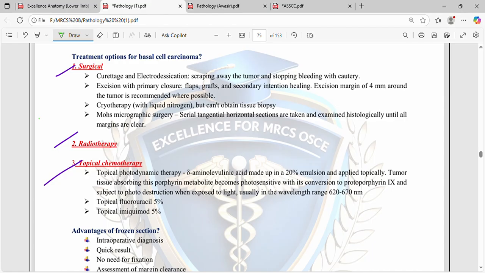Cryotherapy with liquid nitrogen, but you can't obtain a biopsy. So the disadvantage of this is that you cannot obtain the biopsy, so excision and biopsy is still the best.